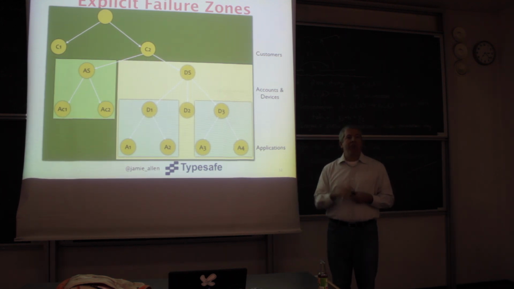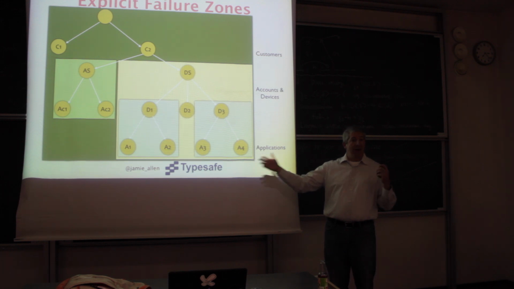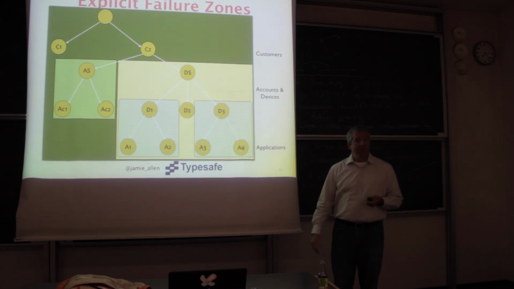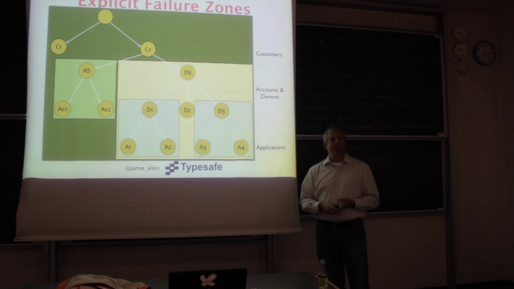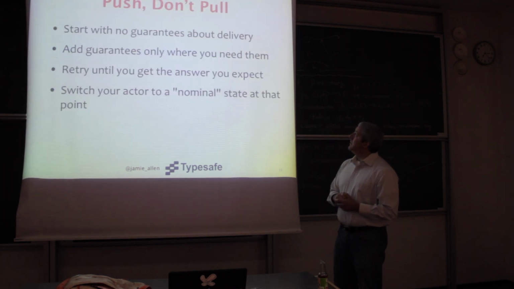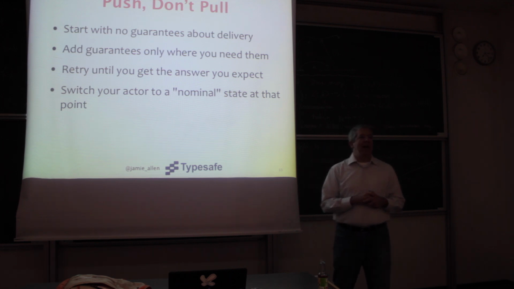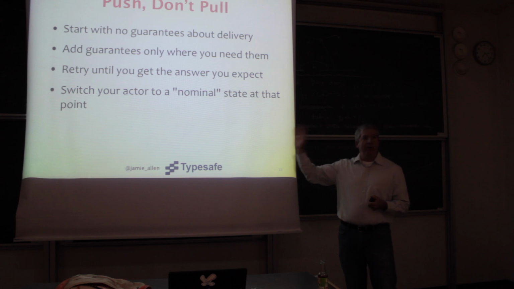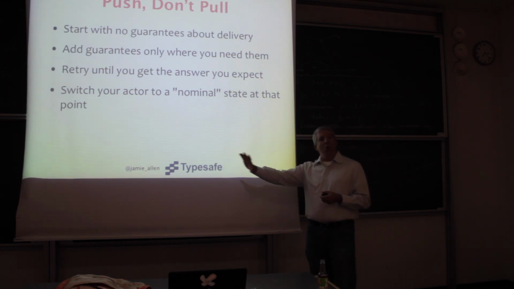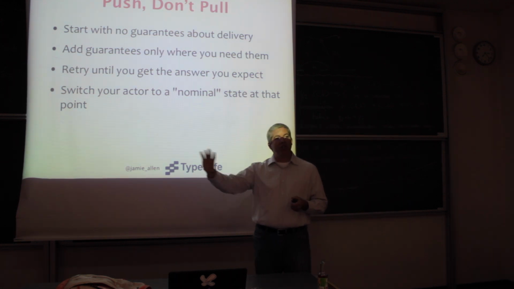This is the trade-off we're paying in order to have Erlang-like semantics on a much faster platform, but also monolithic JVM. The JVM is a wonderful piece of engineering, but we have to know how to use it. This is more of a guideline. It's not a rule of thumb. Don't say that I'm saying always do this, but you want your system to flow. You want to push messages.